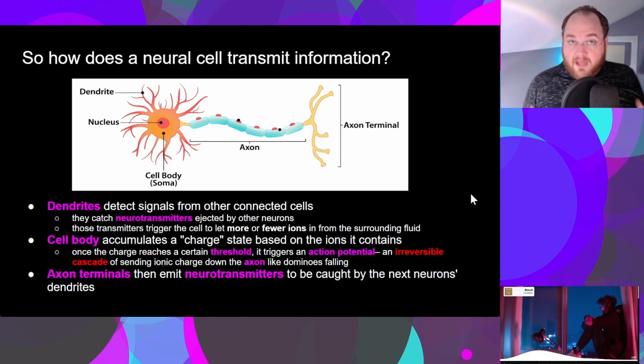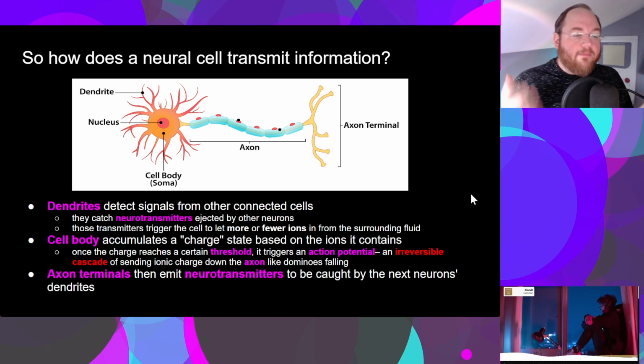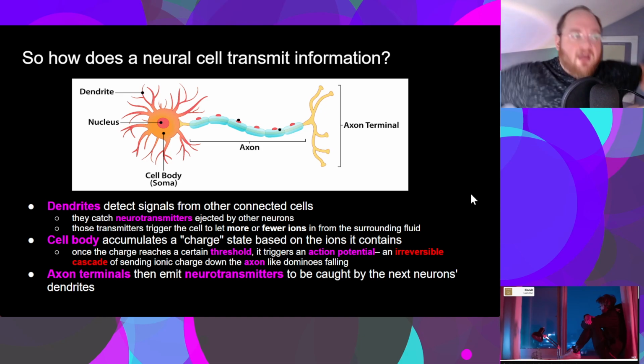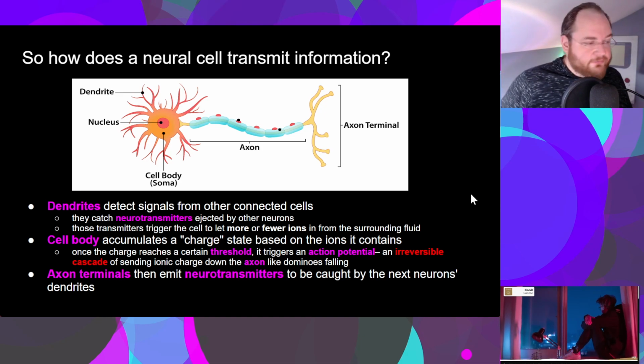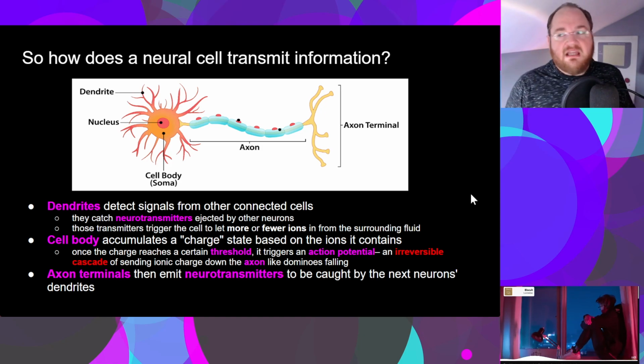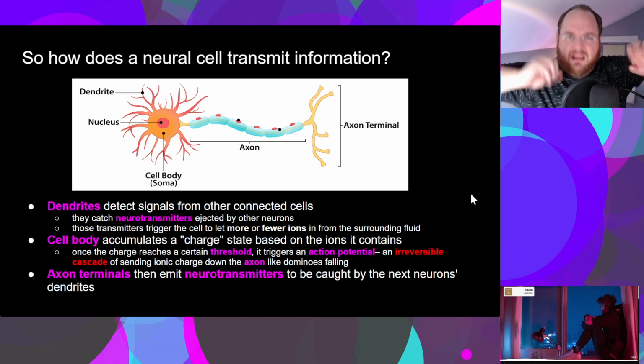So in the cell body, you develop a charge based on how many of these ions are in there. If I have a lot of negative ions in my cell, I become negatively charged. I always forget if it's typically labeled as positive or negative, but the point is more about a difference.